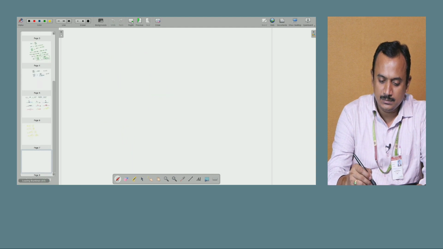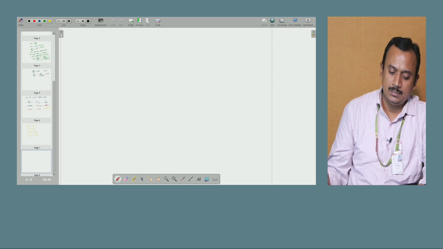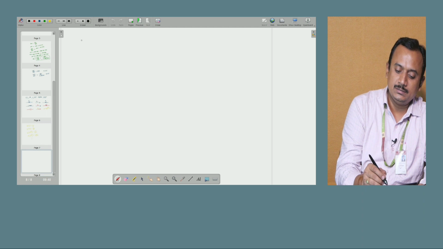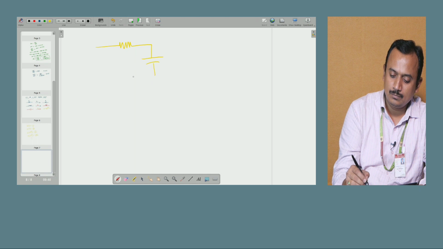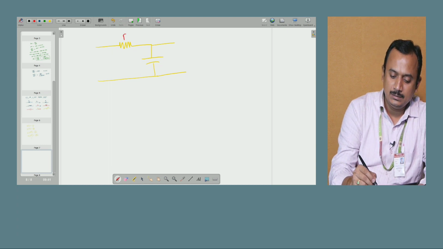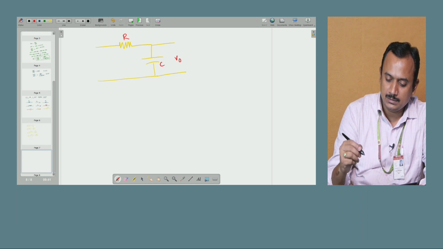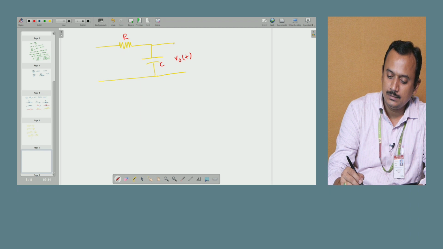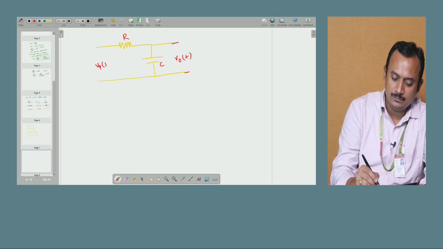Now let me start with a simple electrical circuit and find the transfer function for that circuit. Let me consider a simple RC circuit. Let us say we are taking the output across the capacitor, that is V0 of t, and the input is Vi of t.